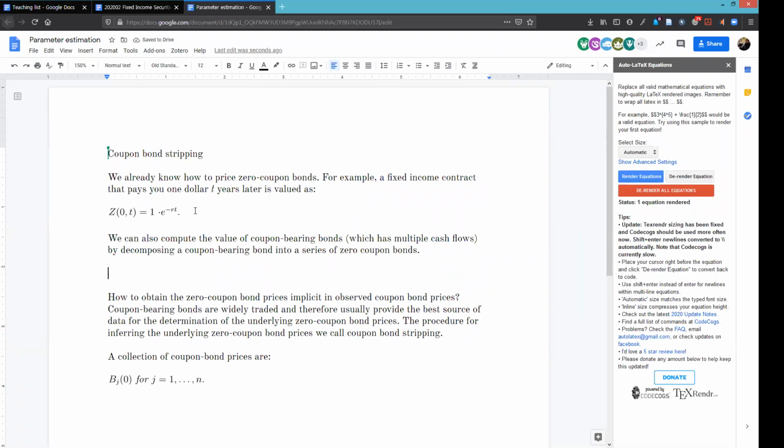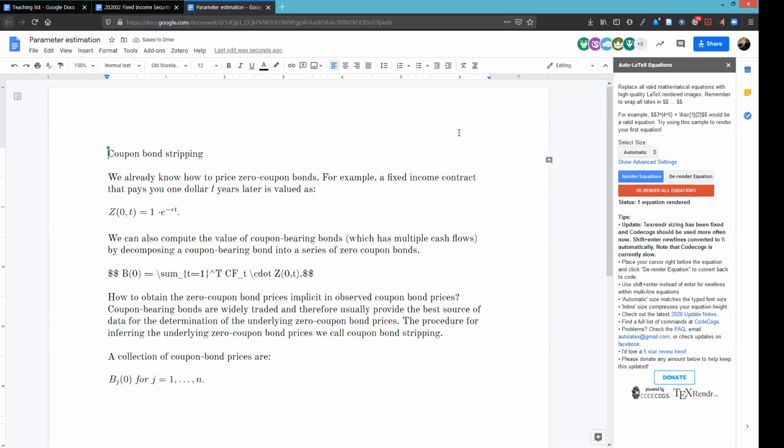So suppose there is a bond valued at time zero as the sum over t equals 1 to T of the cash flow at time t, and we have to discount it with the zero coupon bond price, since we know the formula.